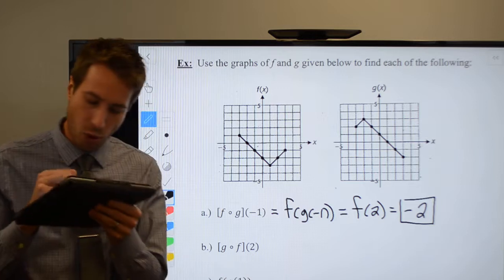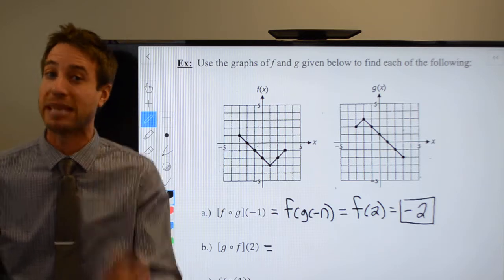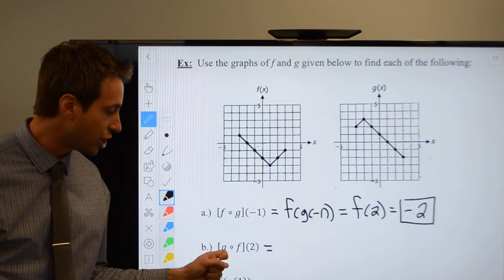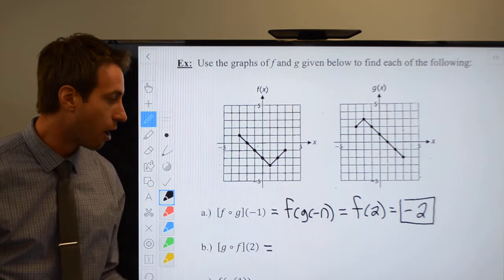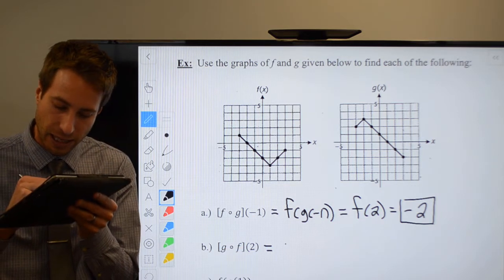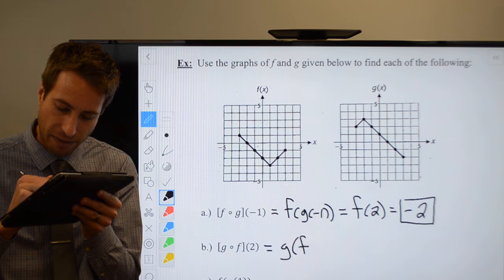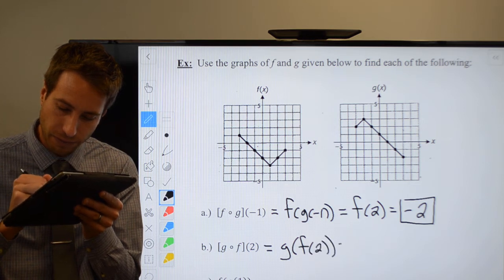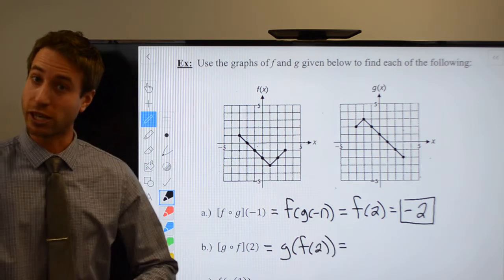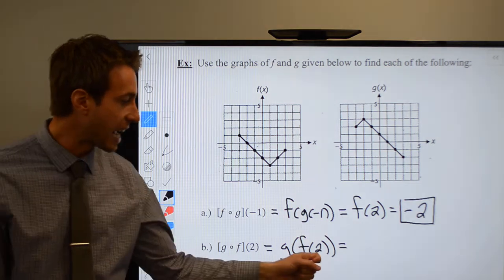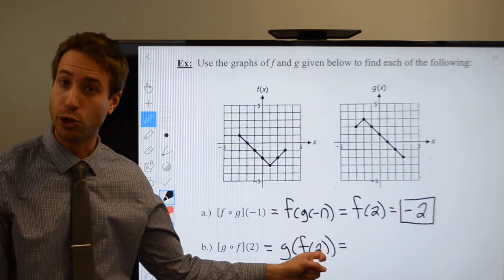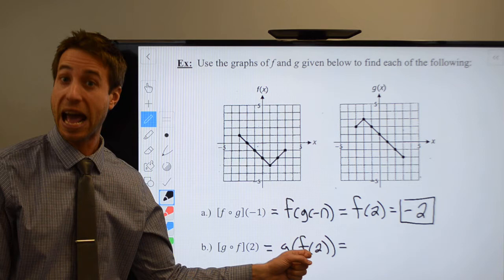Let's go ahead and try one more of these. Again, I can rewrite it. Be careful, though. This time it's g of f of 2, so that's going to be slightly different. That's going to be g of f of 2. And so what I'm actually going to do is start by plugging a domain value of 2 into the function f.